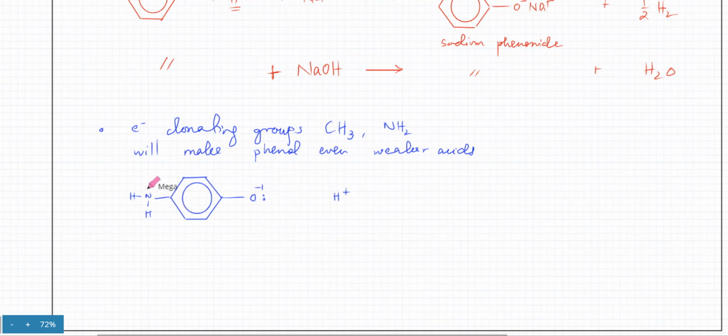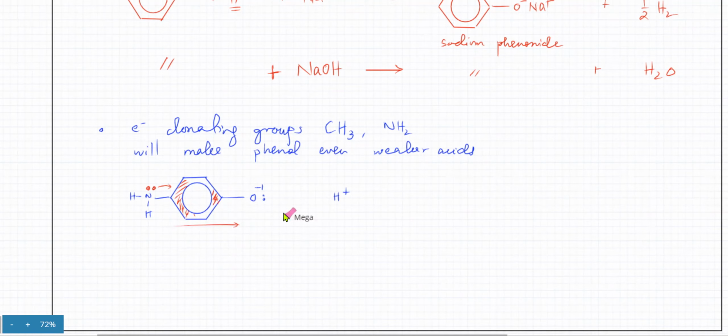But what NH2 would do is, if you remember, NH2 was an activating group. The lone pairs would overlap, and that would increase electron density overall in a lot of places, especially in the 2, 4, 6 region. So electron density is going to be much higher because of the lone pairs on NH2, and the electrons are going to be pushed somewhat towards oxygen.